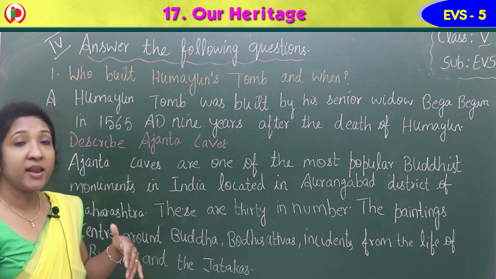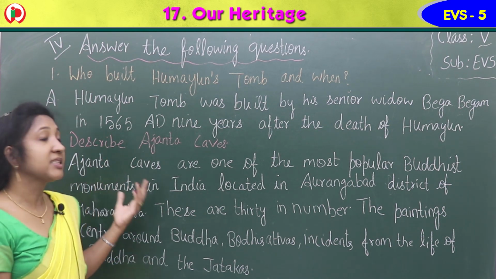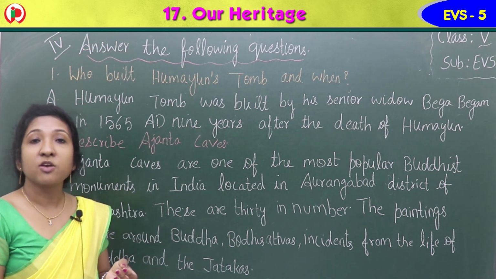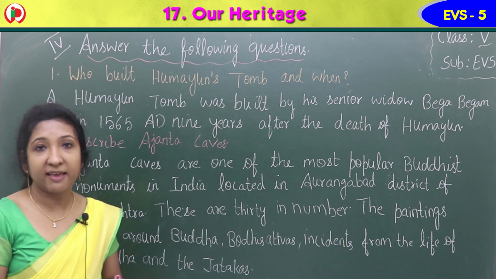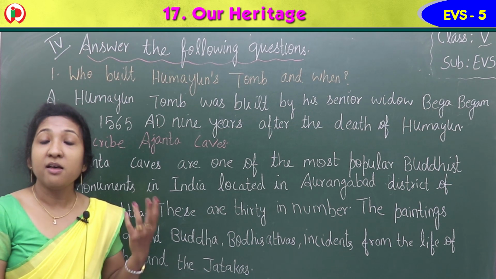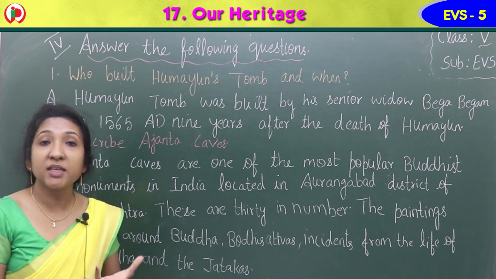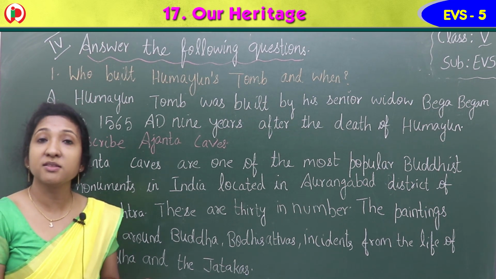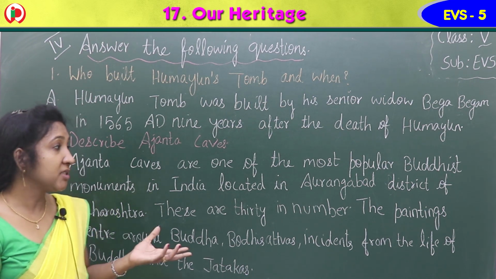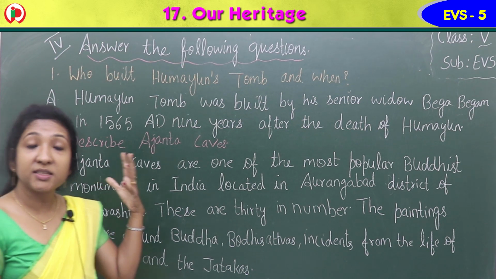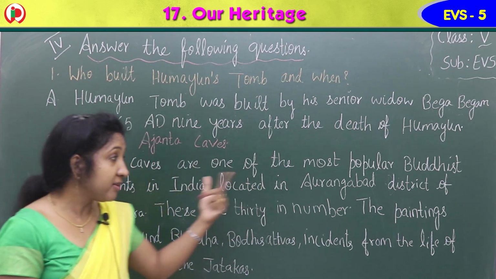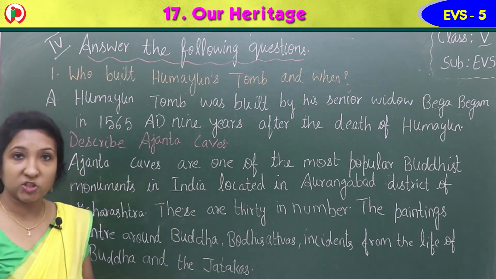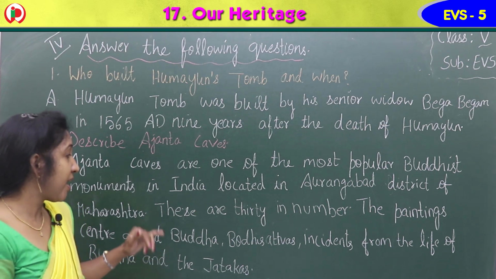Next, second question, describe Ajanta Caves. You have to write about Ajanta Caves. So you all know it is the famous or popular Buddhist monument in India, situated in the Aurangabad district of the state Maharashtra.